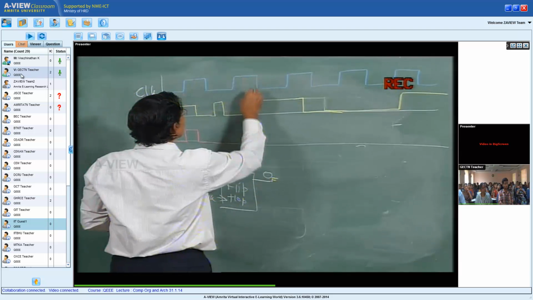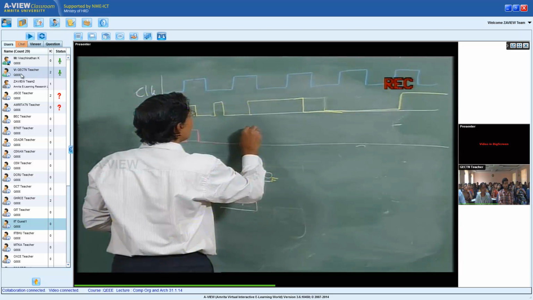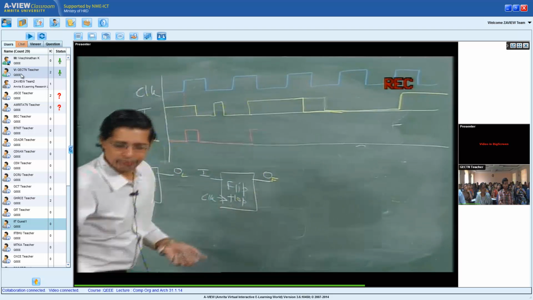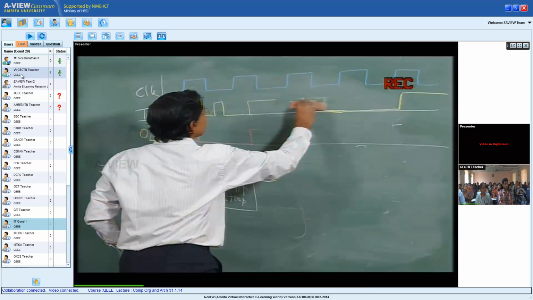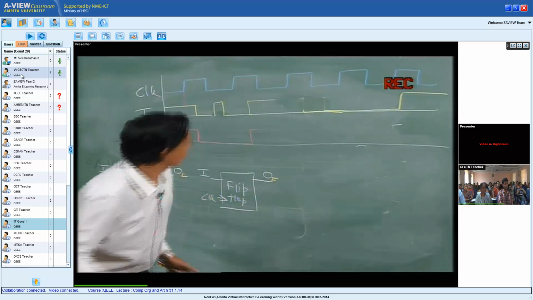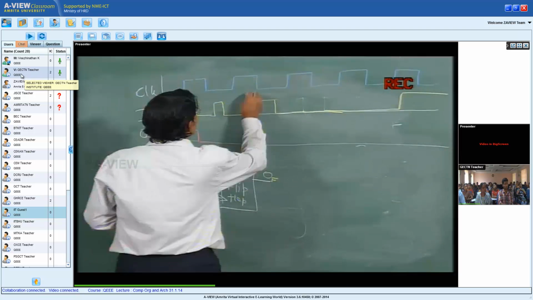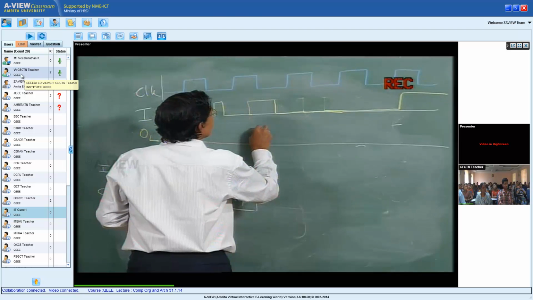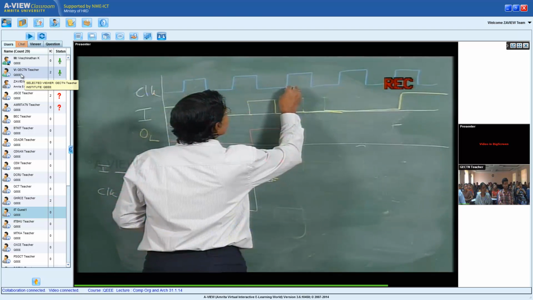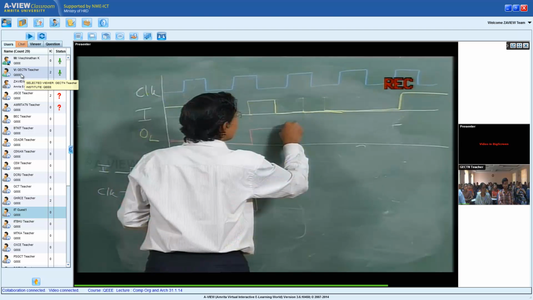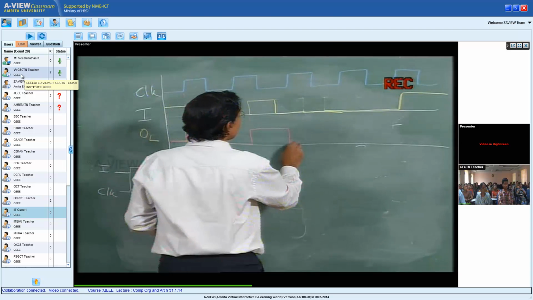And again at this part, this will go, and this will stay, and again this will come down.